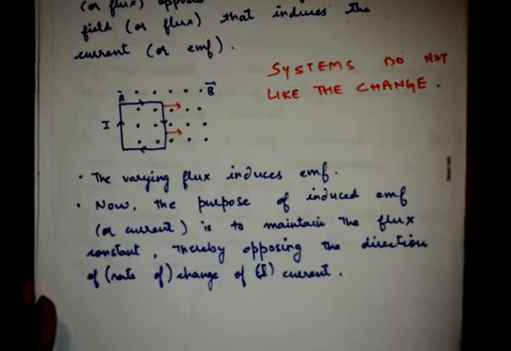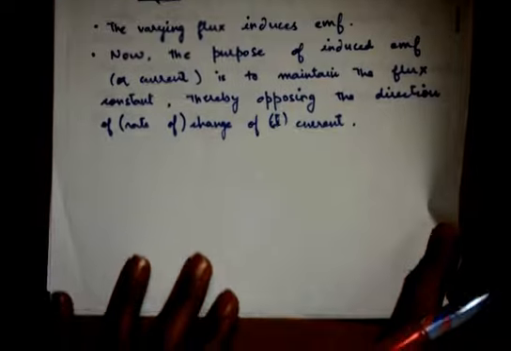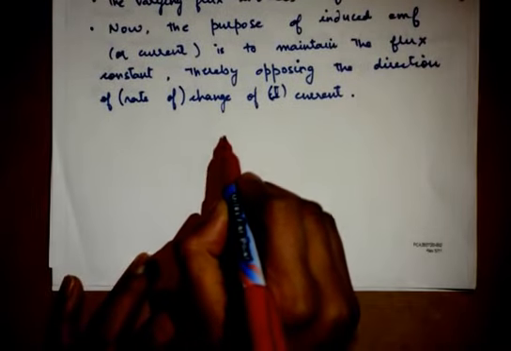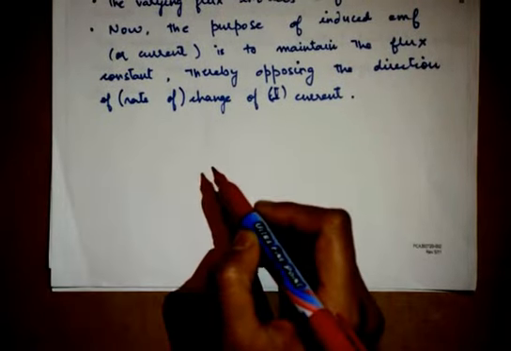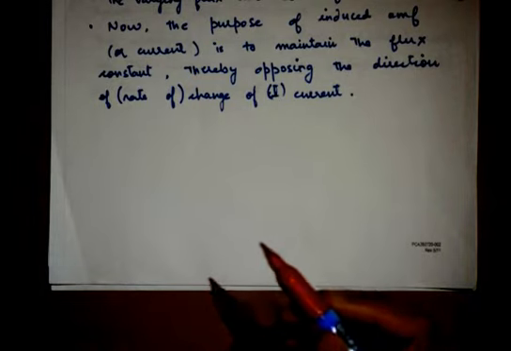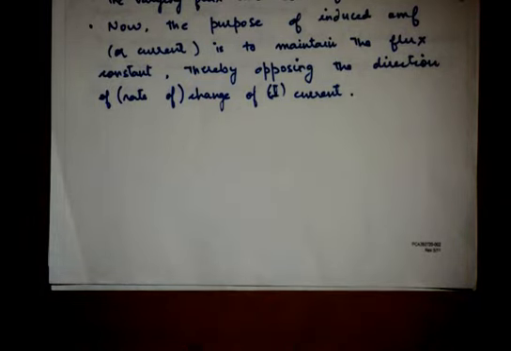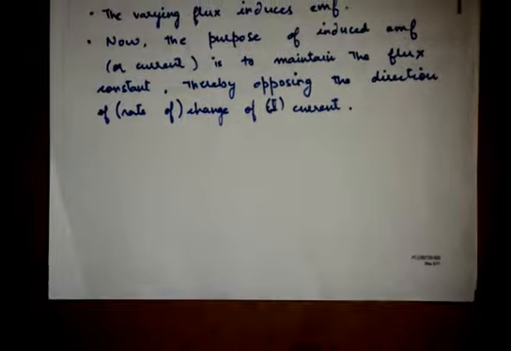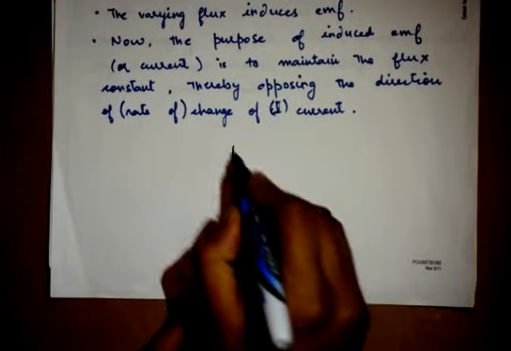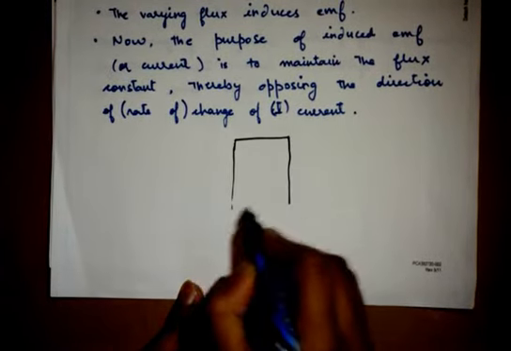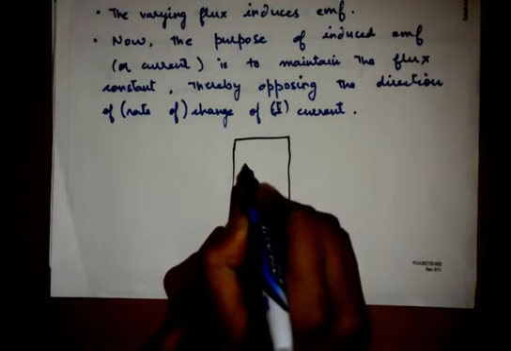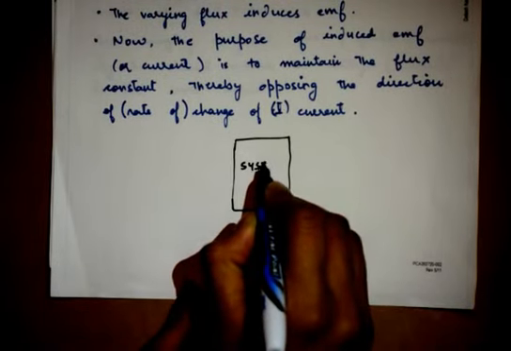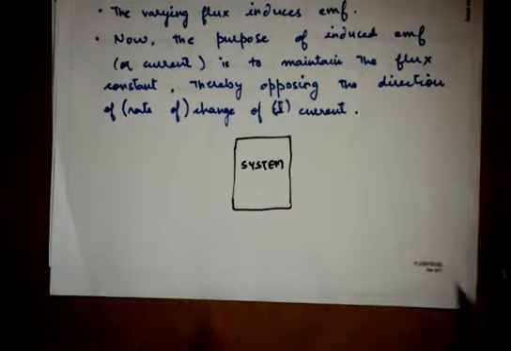I can explain this line with the help of a very simple schematic diagram. Suppose we have a system. It can be any simple or any complex circuit.